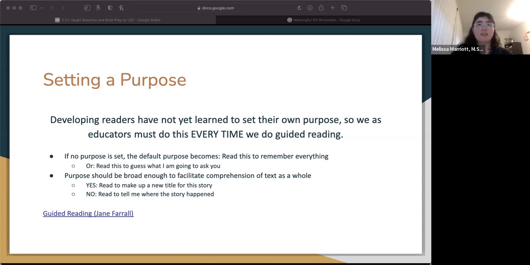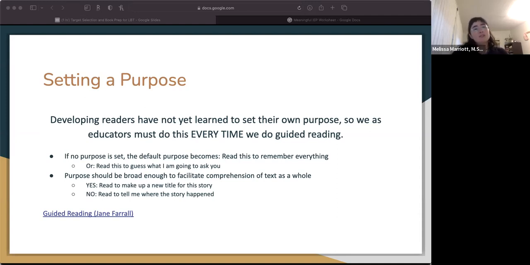I remember taking tests or quizzes when I was in school also, and feeling like, okay, I don't really know what I was looking for when I read this piece of text. So now I feel like I just have to cram it all in my brain, which is not an effective way for me to learn the material. Alternatively, "read this to guess what I'm going to ask you."